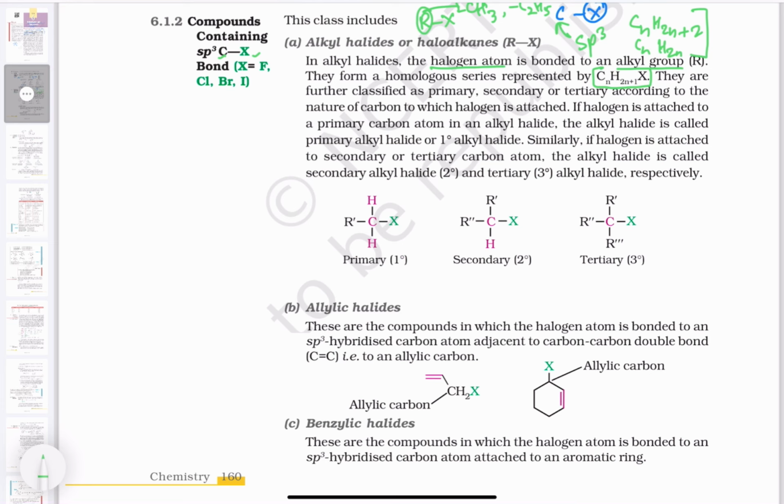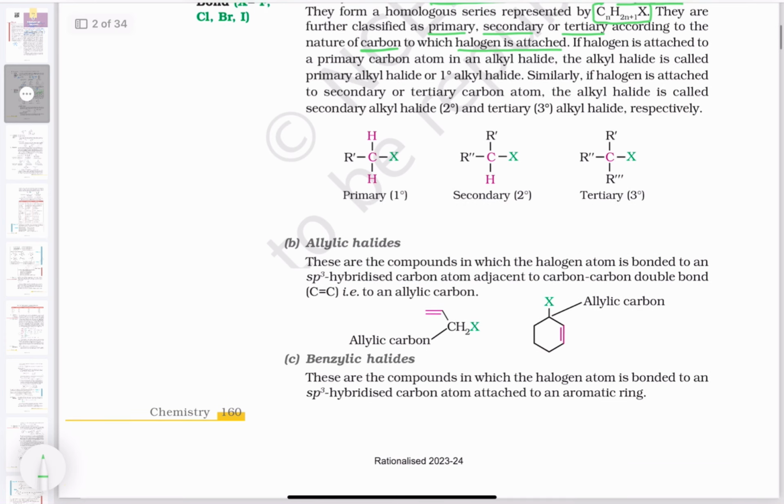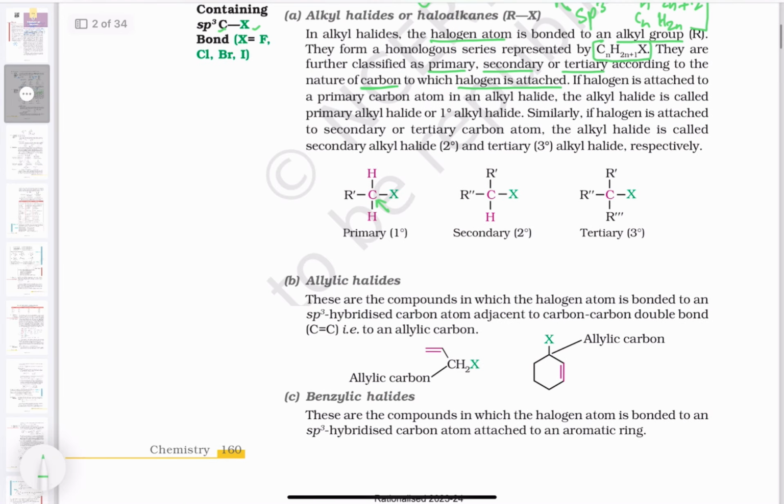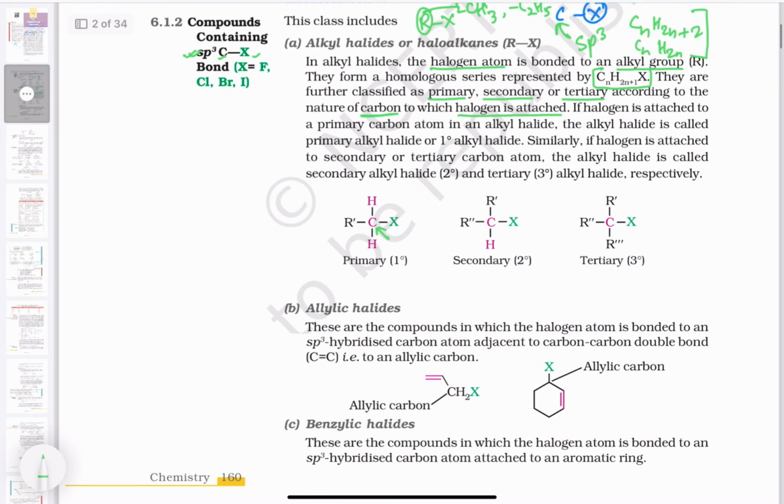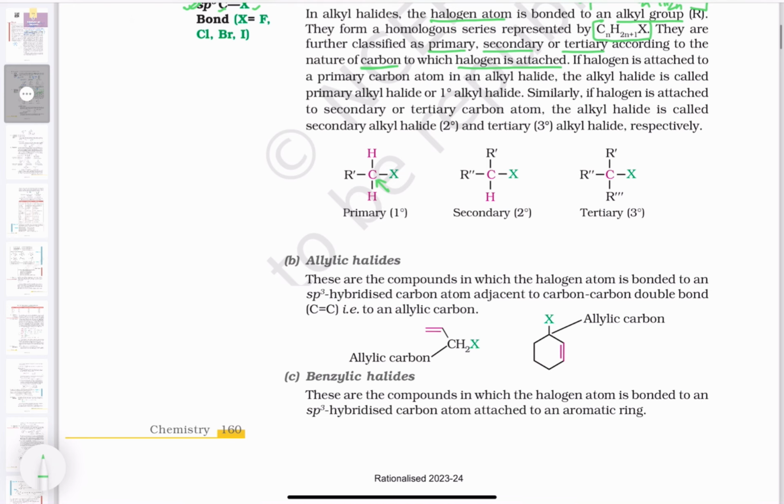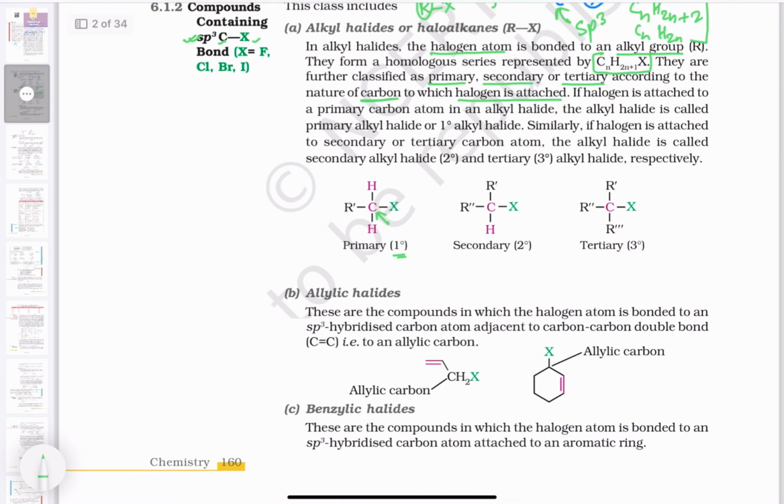and they are further classified as primary, secondary and tertiary according to the nature of the carbon atom to which the halogen is attached. For example, this is an sp3 carbon, right? Now it is primary. Why? Because if the halogen is attached to a primary carbon atom in an alkyl halide, the alkyl halide is called primary alkyl halide.